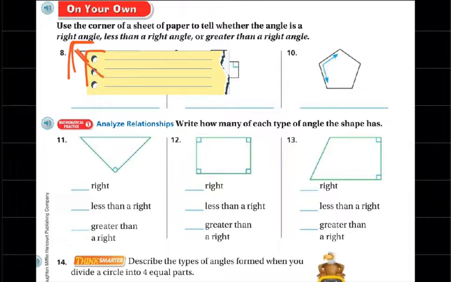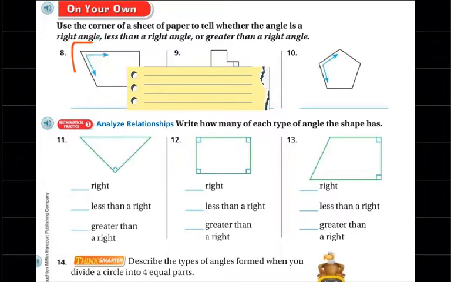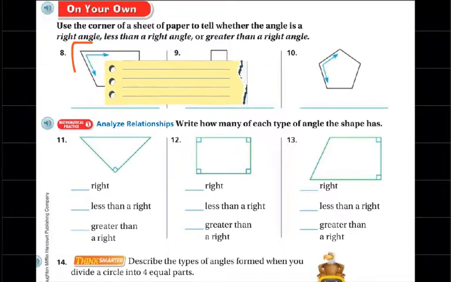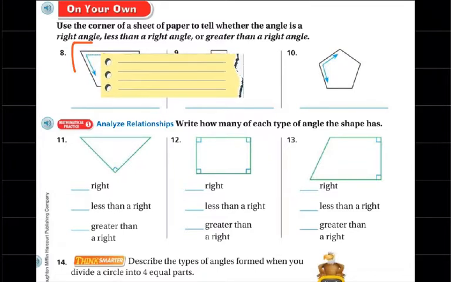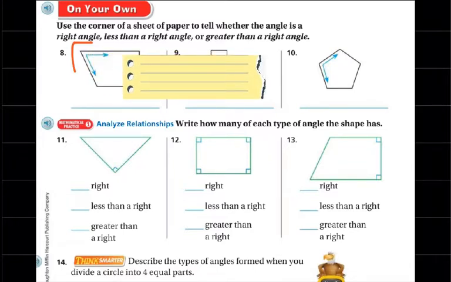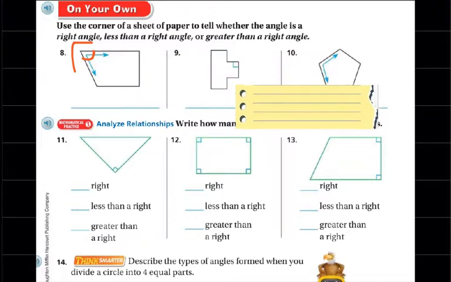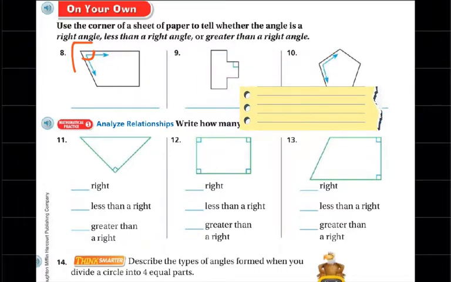It's coming like this. So that is definitely smaller than this. It's definitely less than a right angle, because this is much closer here than this right angle that we have on the piece of paper. So we would just write, let me move this piece of paper out of the way, less than a right angle.